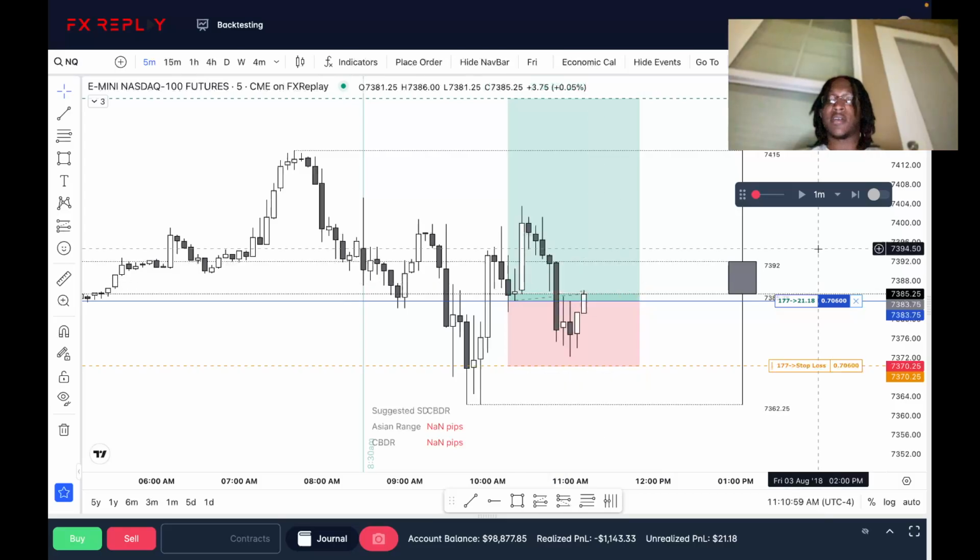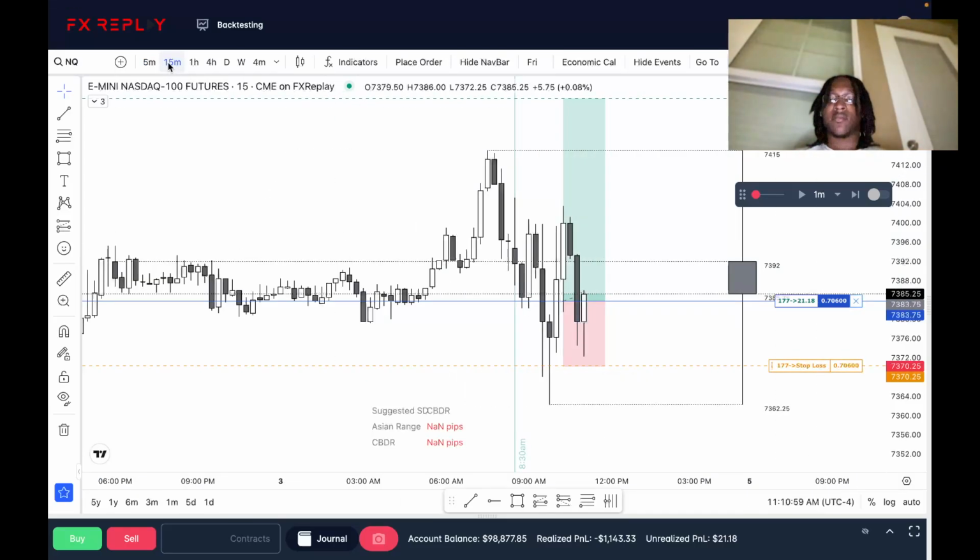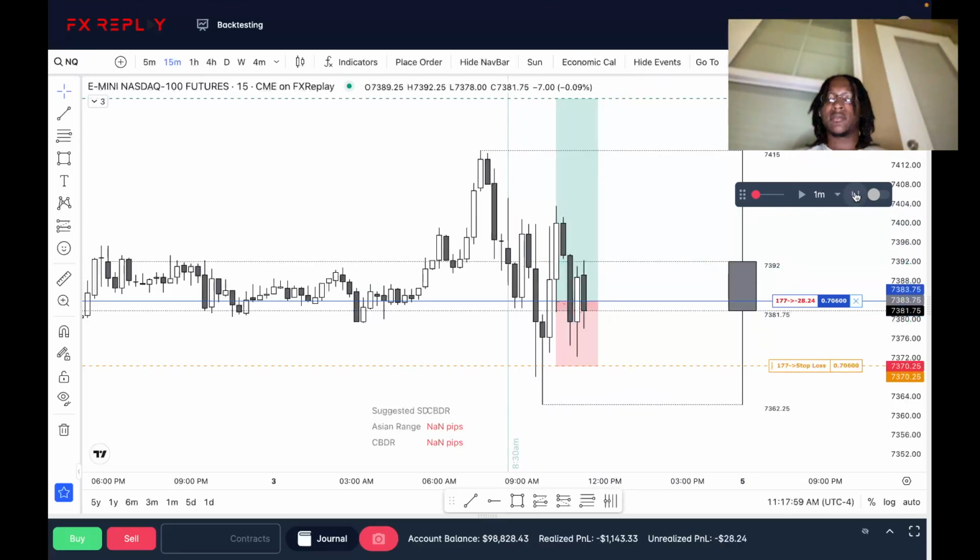Contract 11:10. Yeah, we're likely to get stopped out, especially up at the 15-minute order block with that fair value gap. That's going to be displaced.